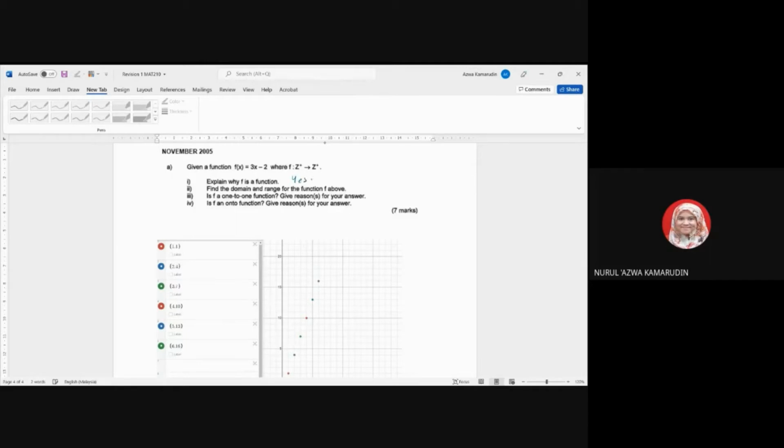The condition is that every one element maps to one image, and none of the objects is left out, all of the domain is under consideration. So this is a function.